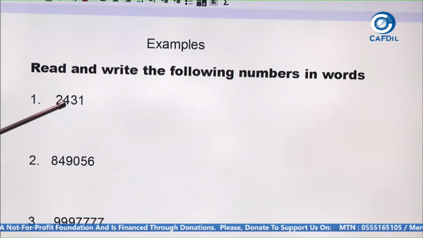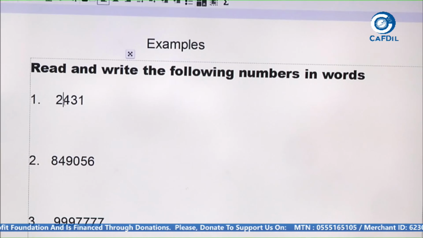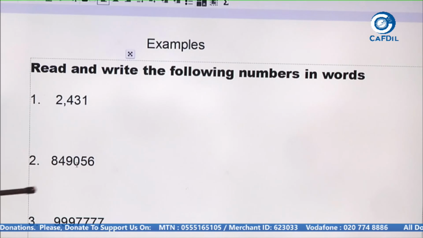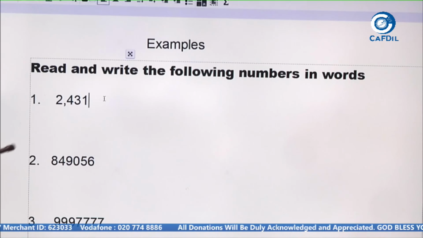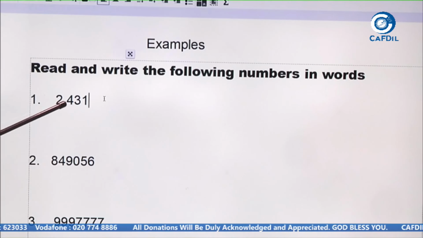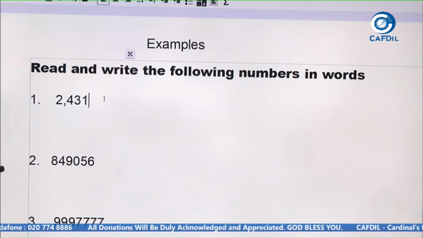Then you bring your comma. Very good. So with this, we can read the number over here, now that we've placed our comma already.